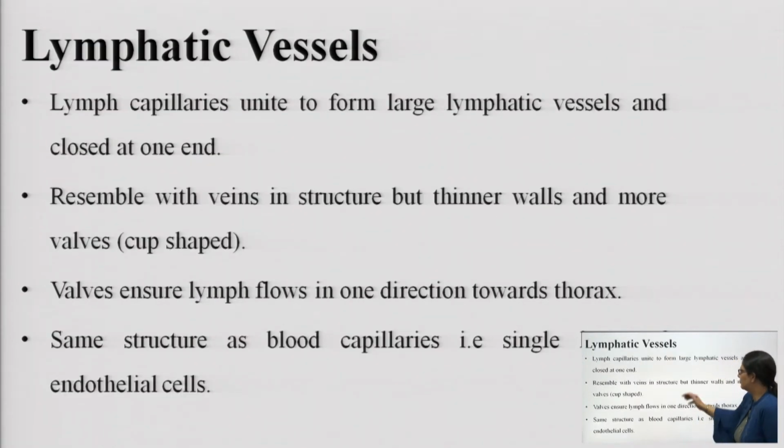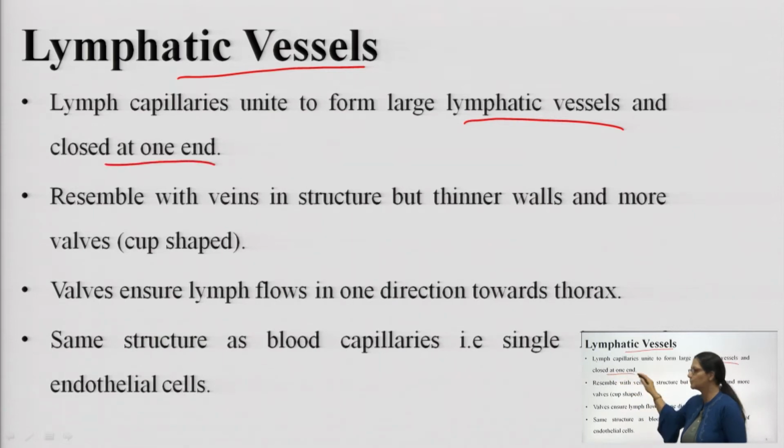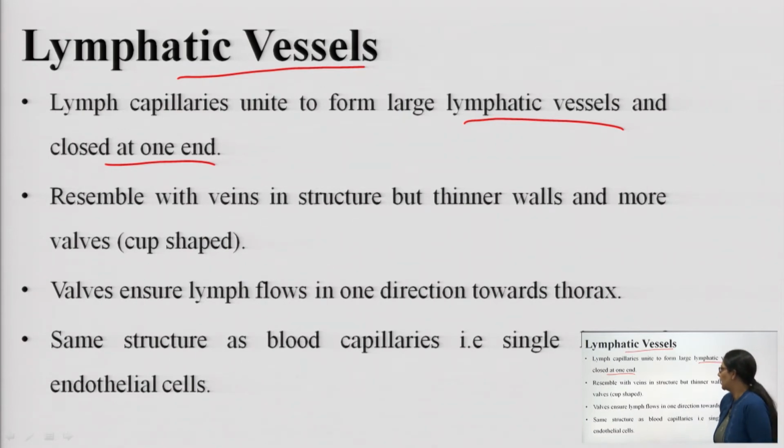Now the lymphatic vessels. When the lymph capillaries combine or unite, they form a large lymphatic vessel, and they are closed at one end. A lymphatic vessel resembles a vein in structure but is thinner in wall, and has cup-shaped valves, which prevent backflow.